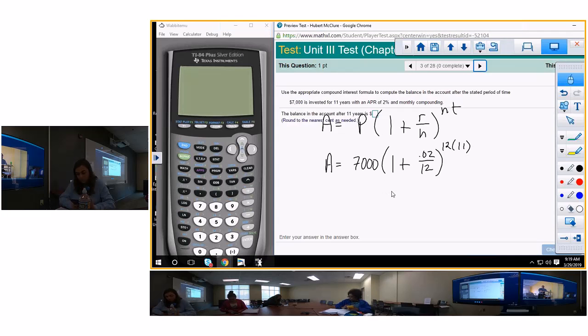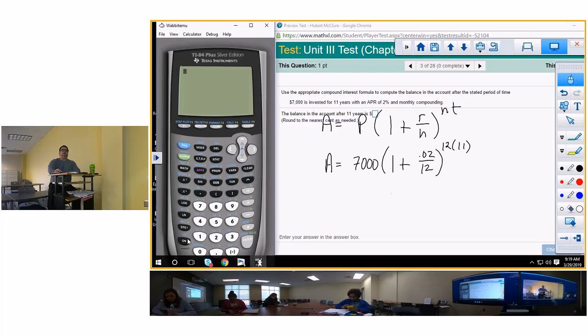Okay, so I take my handy dandy calculator, and I'm going to do 0.02 divided by 12, equals, plus 1, equals. And I don't know what 12 times 11 is.